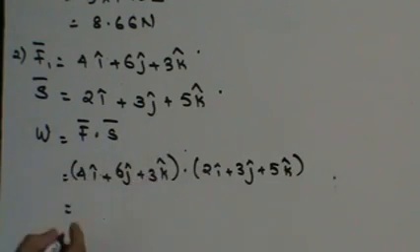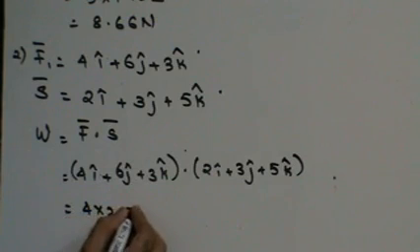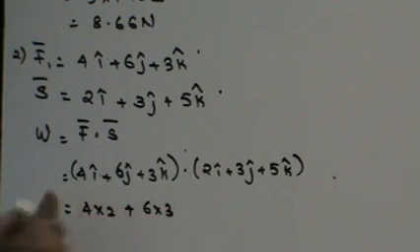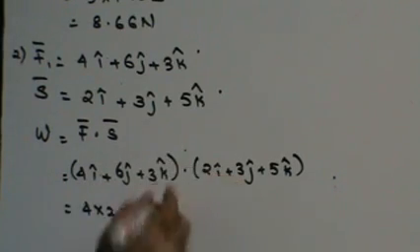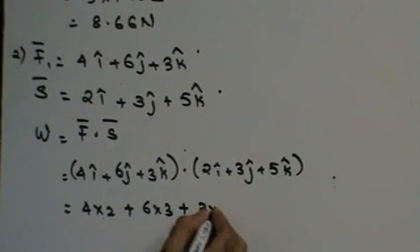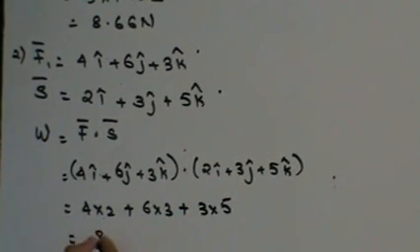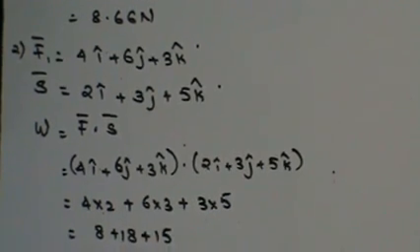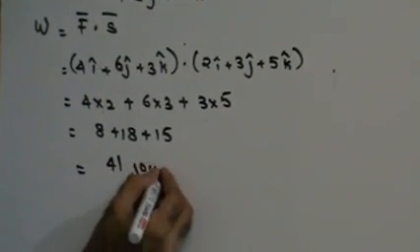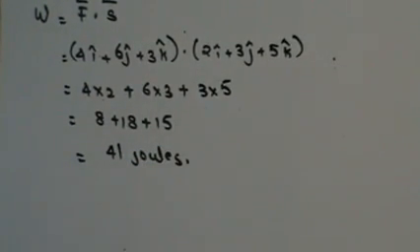So this will be 4 into 2 plus 6 into 3 plus 3 into 5. I am multiplying the magnitude of i with the magnitude of i, j with j, and k with k. So this is 8 plus 18 plus 15, 26, 41. 41 joules of work is done.